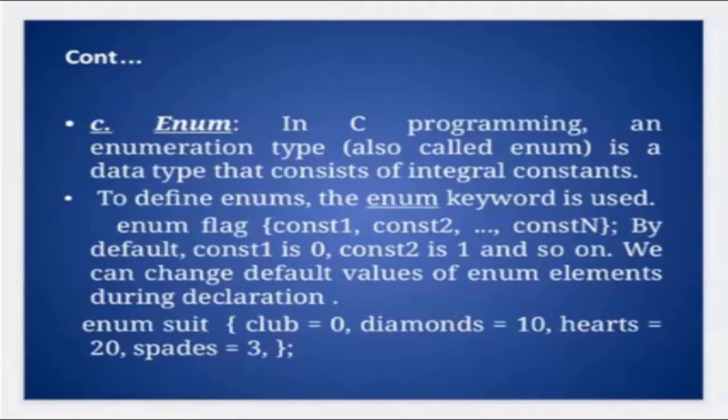We can change default values of enum elements during declaration. For example, enum suit within curly brackets, club equal to 0, diamonds equal to 10, hearts equal to 20, spades equal to 3. If the value is not assigned, it will take its default value from 0 to n.